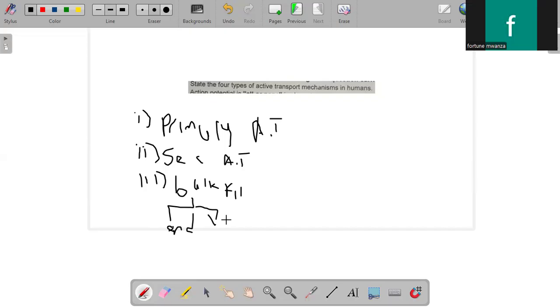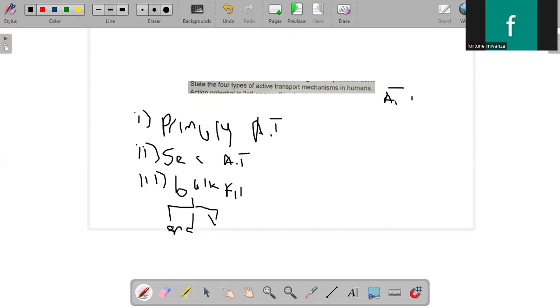Let me now discuss them one by one. Let me start with primary active transport. What you have to know is that for passive we said no energy is required. For active you need energy in the form of ATP to move your molecules across the cell membrane.